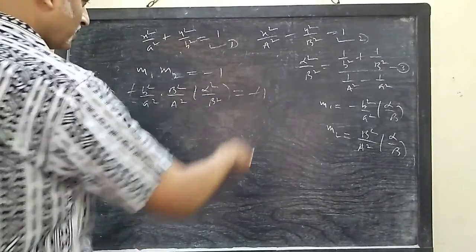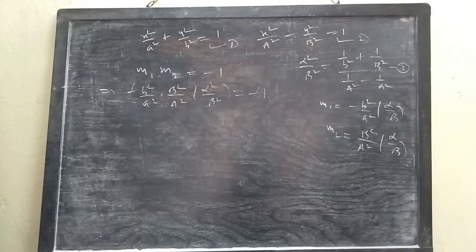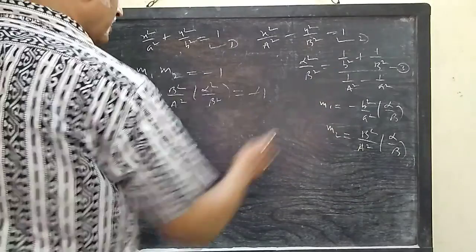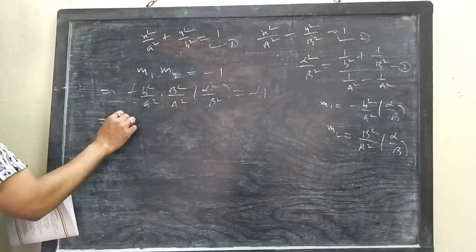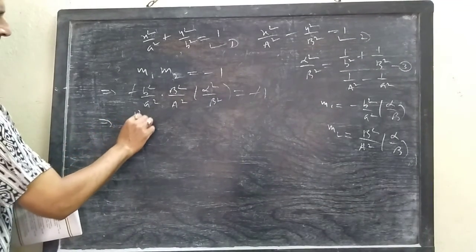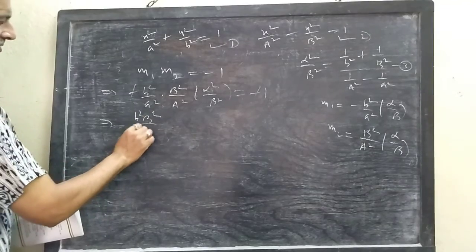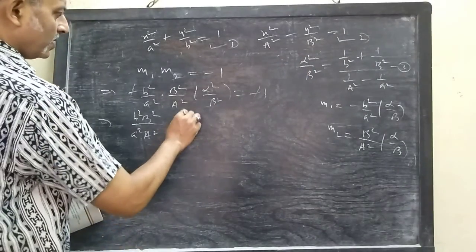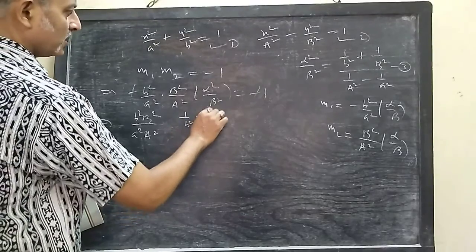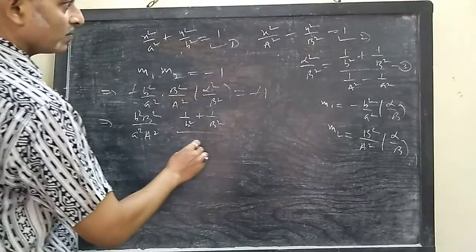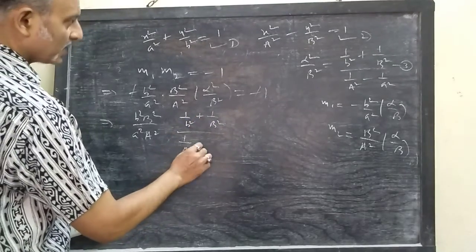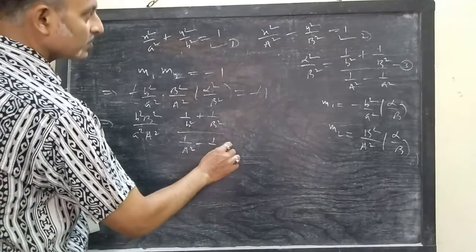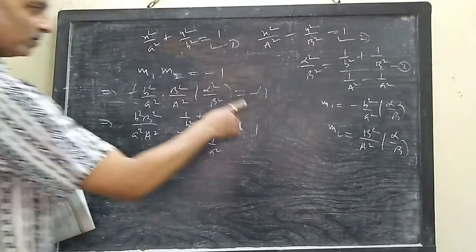So cancel minus from both sides. We get small b square capital B square, small a square capital A square. Now write this as 1 by small b square plus 1 by capital B square, by 1 by capital A square minus 1 by small a square equals 1.